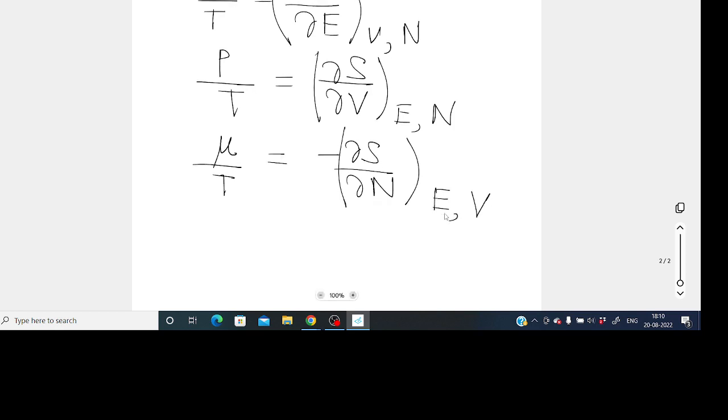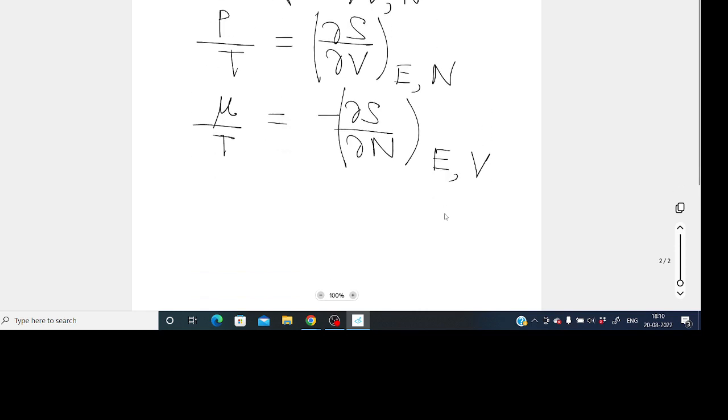So we get three equations from the expression I have written in the previous slide. Now I will define entropy S in terms of number of microstates in the system. So S can be written as kB ln omega.